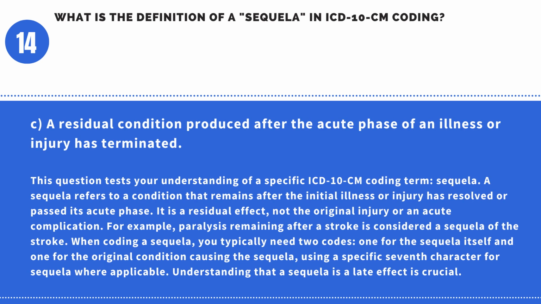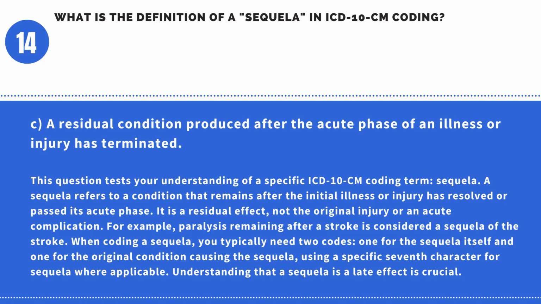Answer: C. A residual condition produced after the acute phase of an illness or injury has terminated. This question tests your understanding of a specific ICD-10-CM coding term, sequela. A sequela refers to a condition that remains after the initial illness or injury has resolved or passed its acute phase. It is a residual effect, not the original injury or an acute complication.